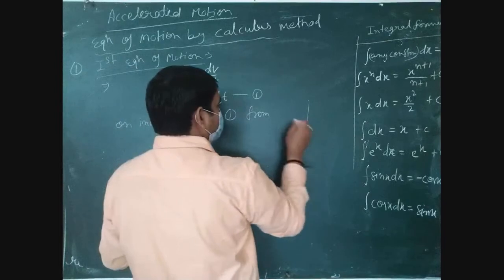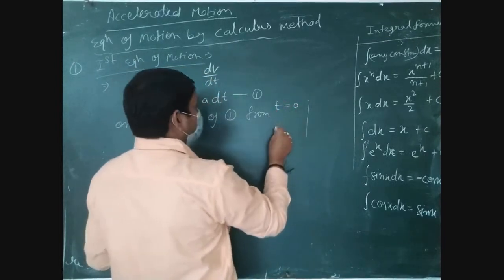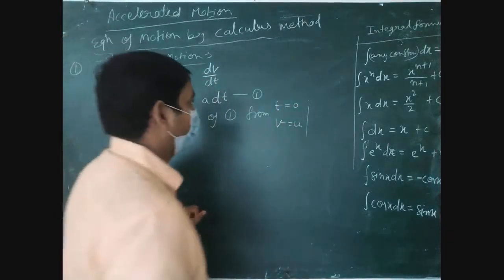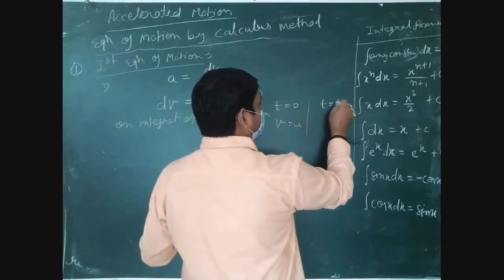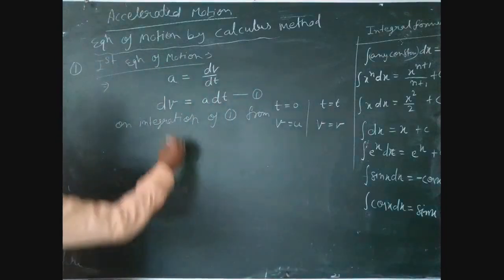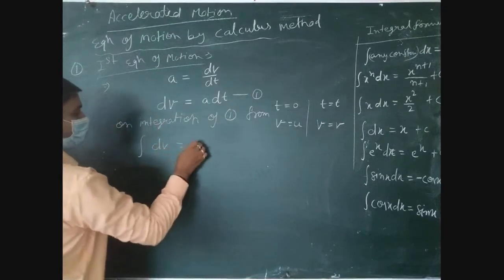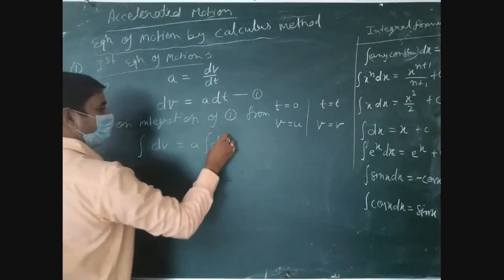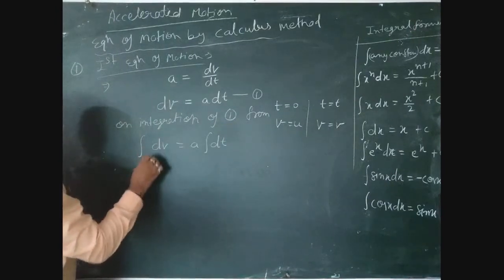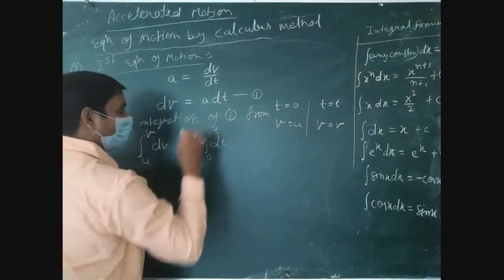At t equal to 0, the velocity is equal to u, the initial velocity, and at t equal to t, the velocity will become v. Therefore, integral dv equals a integral dt, with limits u to v for velocity and 0 to t for time.